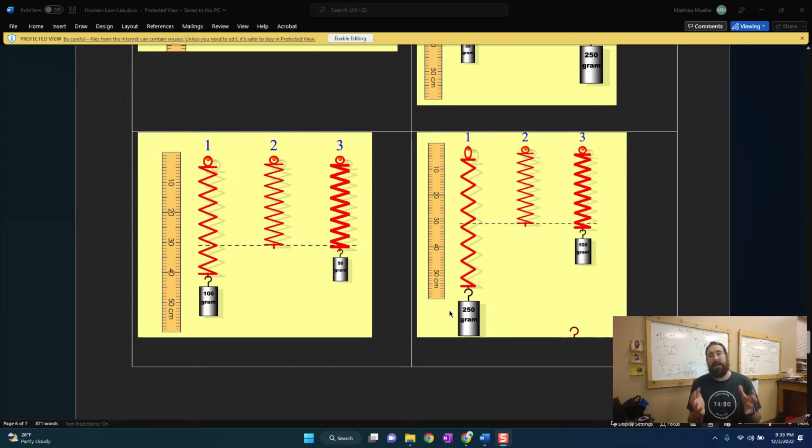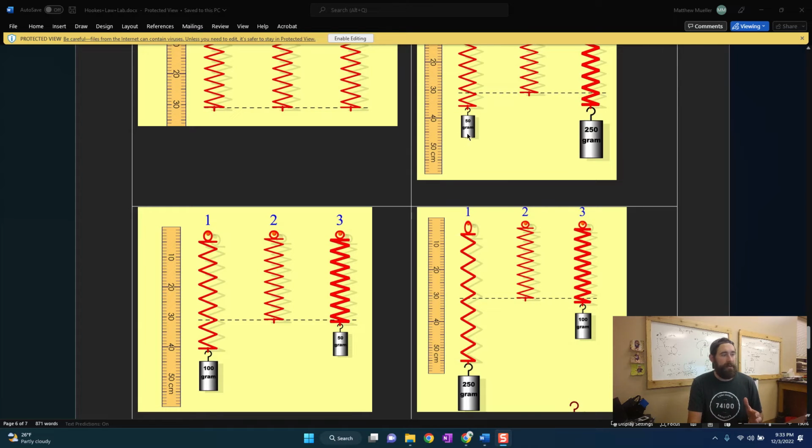So there we have 3 data points: 3 masses, 50 grams, 100 grams, and 250 grams, and 3 distances, 36, 40.5, and 55 centimeters. Now, just like earlier in the lab, we can put those into a chart and create a linear regression in order to find the K value. It should be linear.